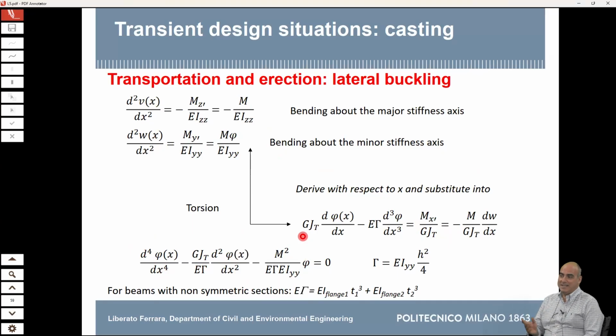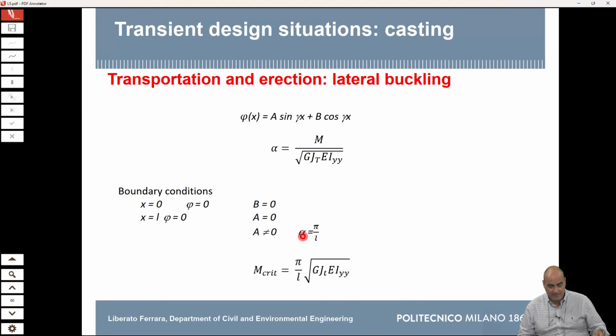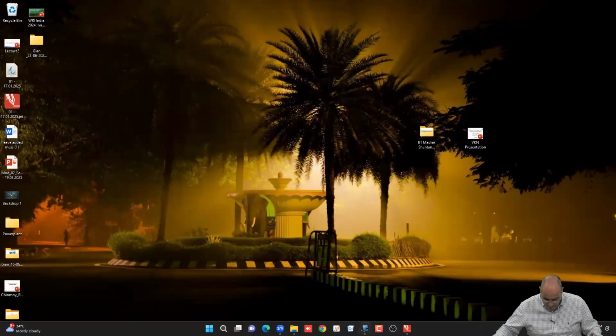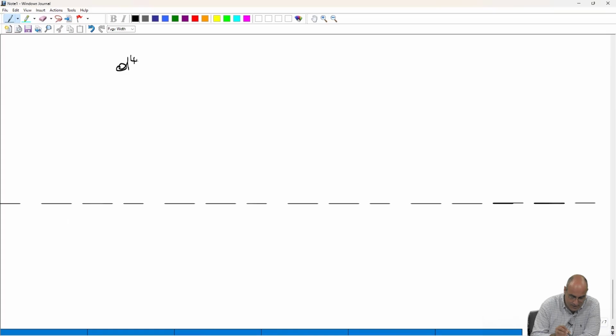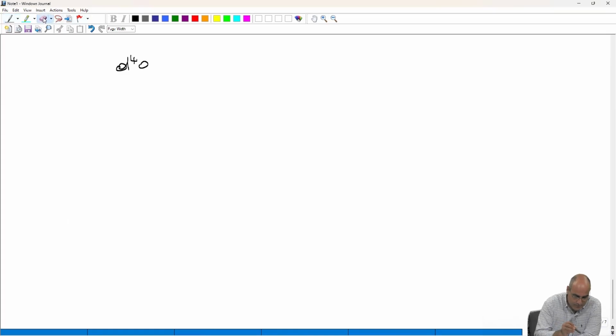Because the previous one was a second order equation, Euler equation, and we knew the solution. How can we solve this? The same as before. Let's try to do this. So, help me in checking, the equation is this.